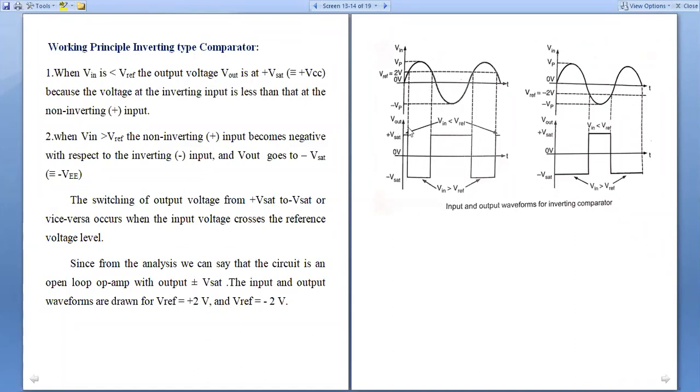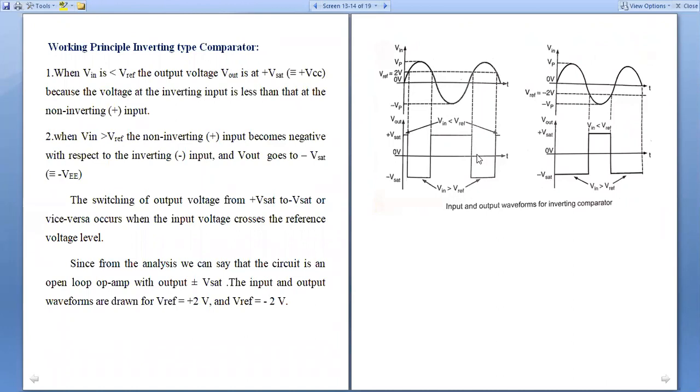If the input voltage is greater than the reference voltage, as at the peak value, which is greater than this reference value, then the input voltage is greater than the reference voltage and we can see a negative saturation point. So the same condition goes on: if the input voltage is less than the reference voltage, we observe a positive saturation, and if the input voltage is greater than the reference voltage, we observe a negative saturation point.